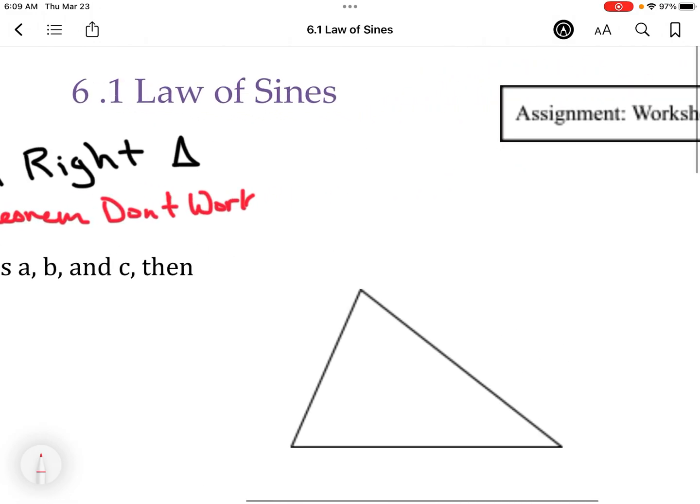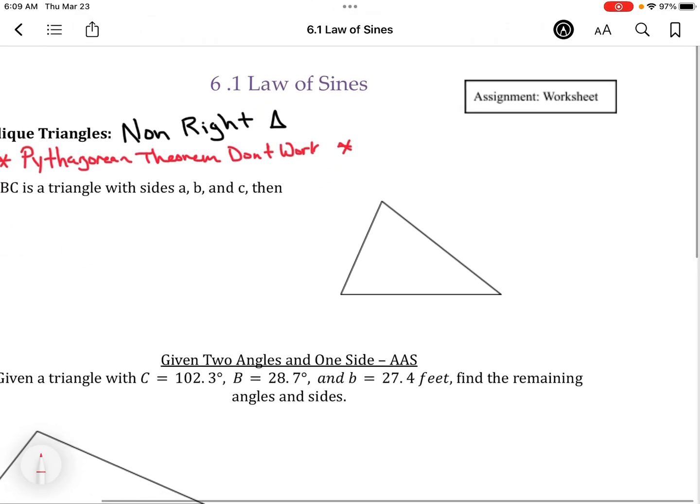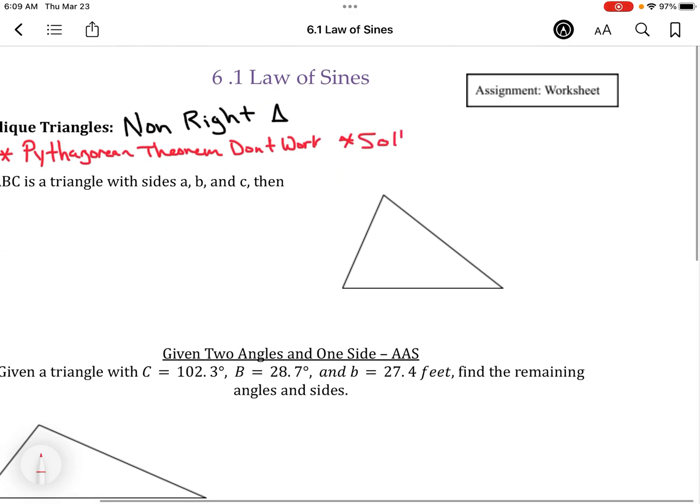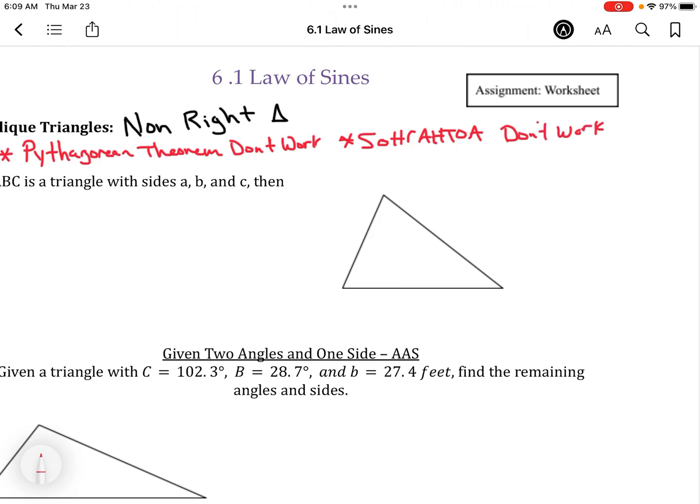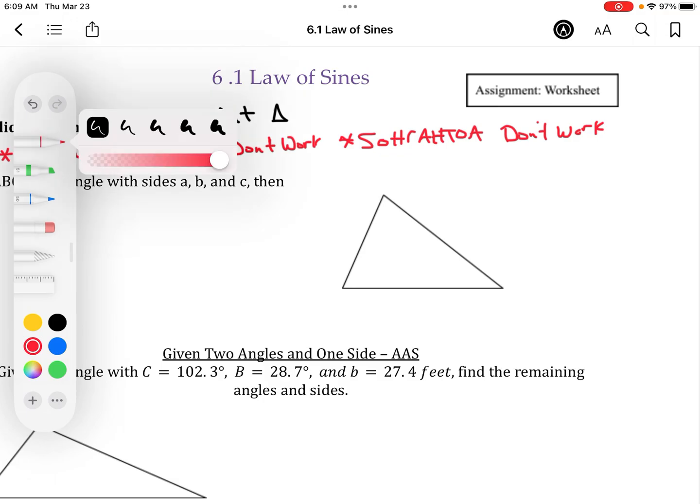Things like SOHCAHTOA don't work, because those are only true in right triangles. Now, yes, we're going to be using sine, but the way we do that is by creating right triangles.